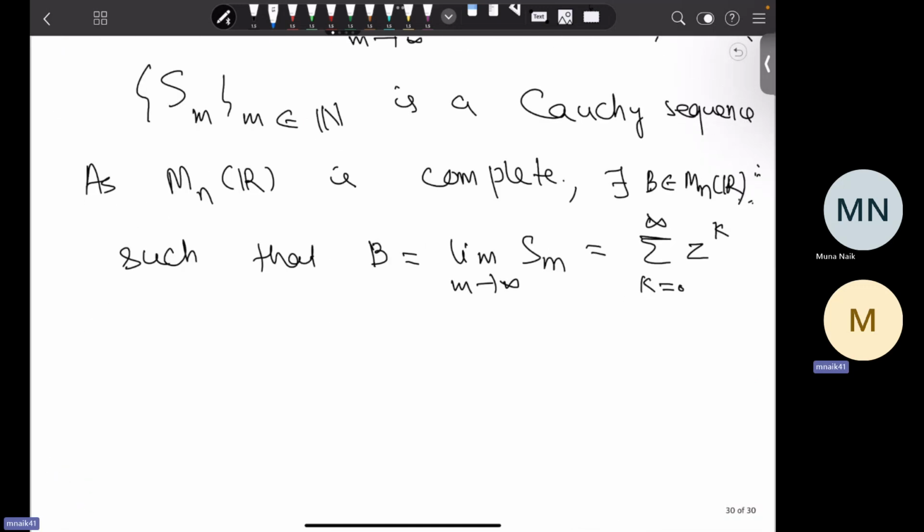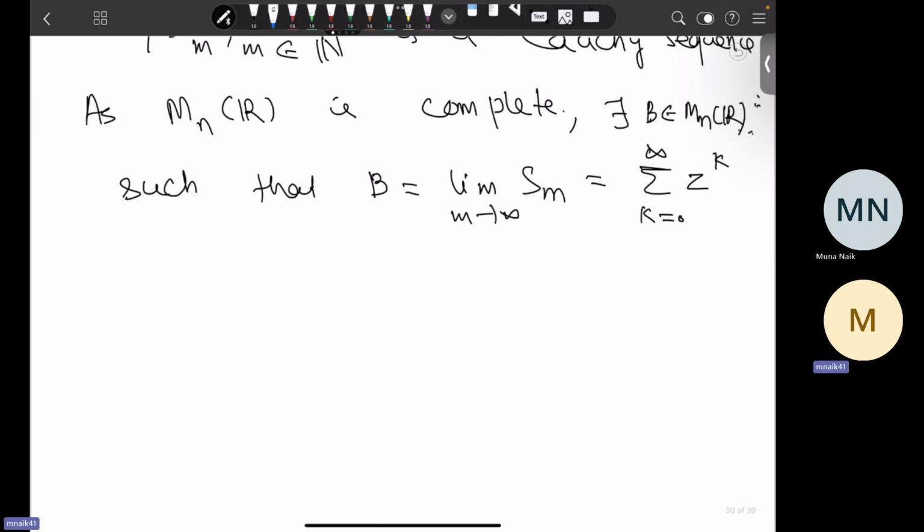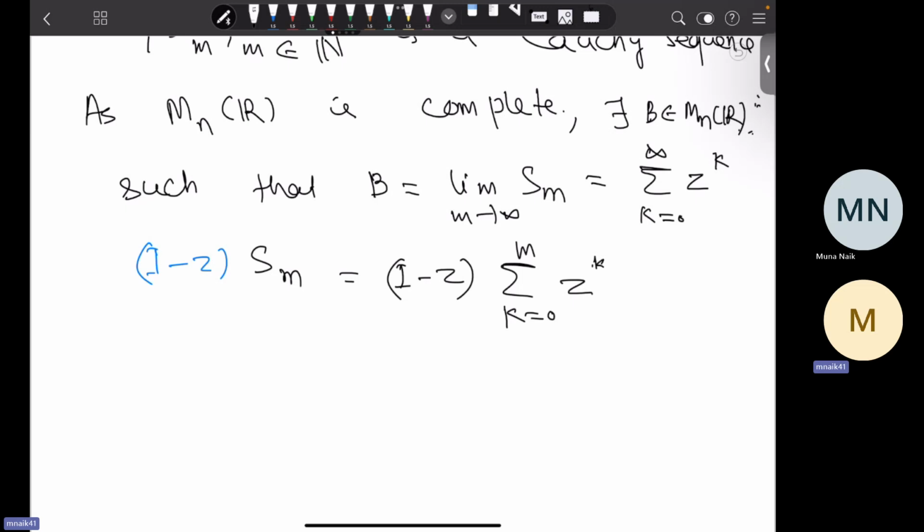Now what I have to show is about I minus Z. So consider I minus Z times Sm, where Sm is the sum from k equals 0 to m of Z^k. If I multiply, I get the sum from k equals 0 to m of Z^k, and multiplying minus Z into Z^k gives the sum from k equals 0 to m of Z to the power k plus 1.